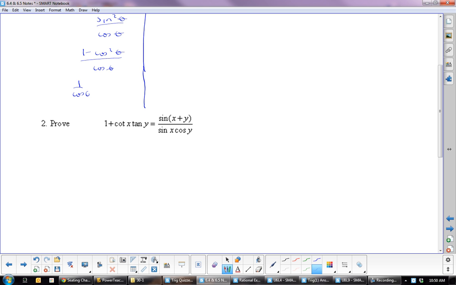This is the same thing as 1 over cos theta minus cos squared theta over cos theta. So 1 over cos theta is secant theta, and we cancel one of these and one of those, so that's cos theta. Then I can say left side equals right side.